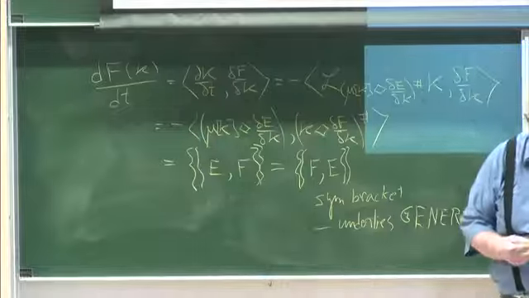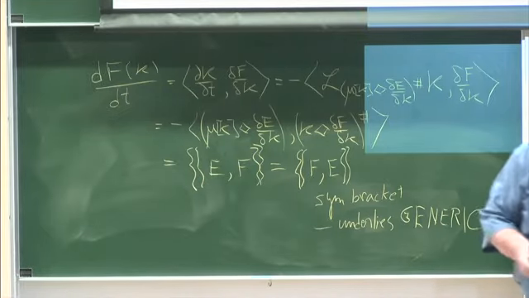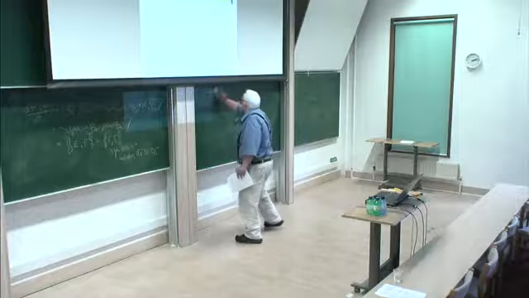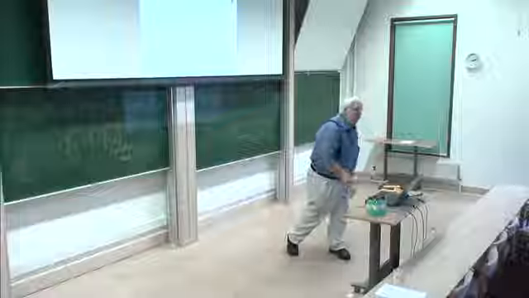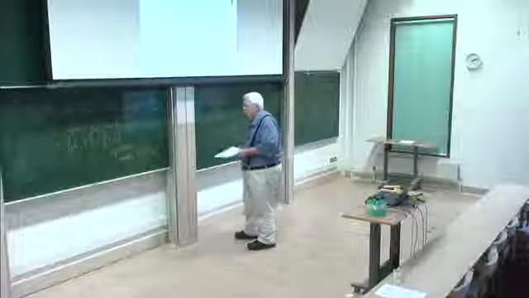Okay, so that's the answer to that question. And it's sort of interesting. This bracket has properties. So it's a Leibniz bracket. It's symmetric. It has to also be Leibniz to be part of generic.